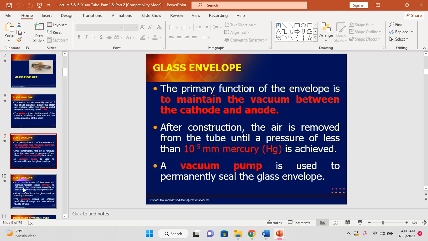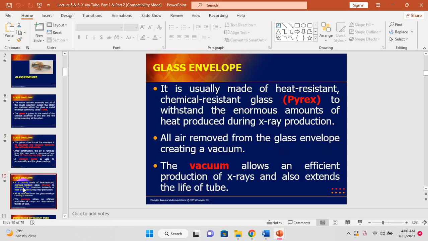Inside the glass envelope, after construction, the air is removed from the tube until a pressure of less than 10^-5 millimeter of mercury is achieved. A vacuum pump is used to permanently seal the glass envelope. It is usually made of a heat-resistant, chemical-resistant glass called Pyrex.